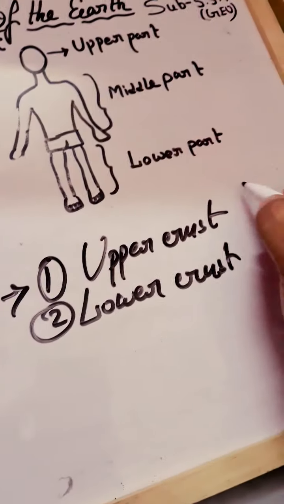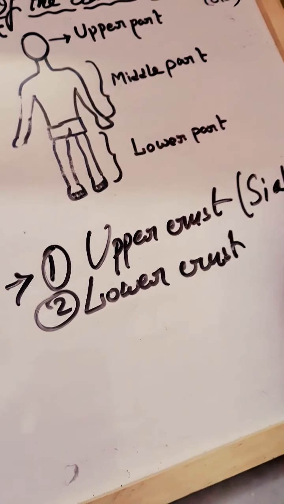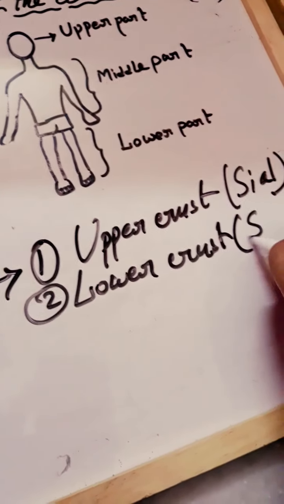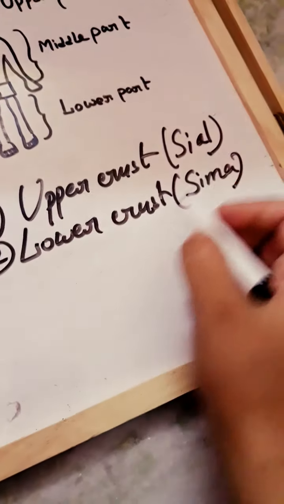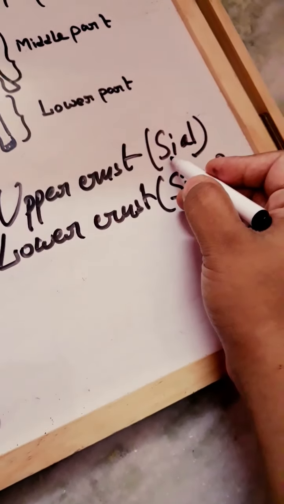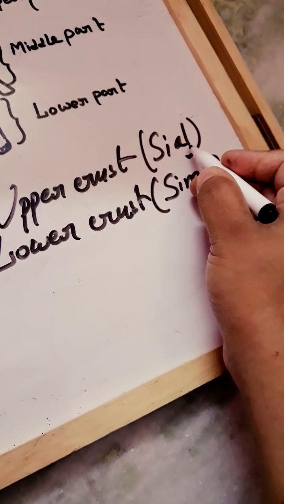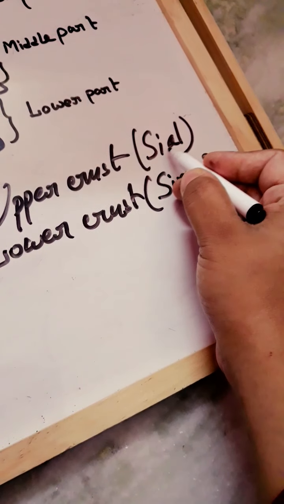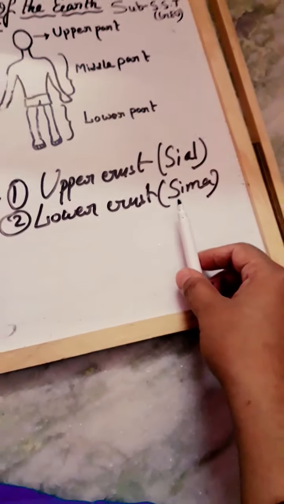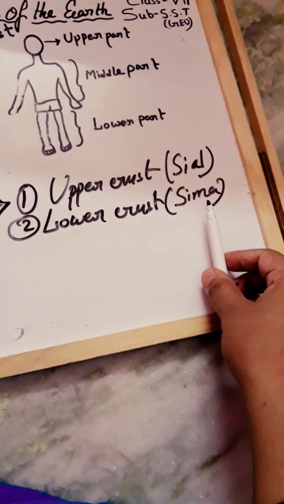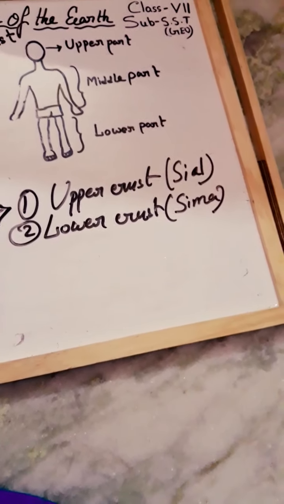The upper crust is known as Sial and the lower crust is known as Sima. Si for silica and Al for aluminium, so Si plus Al is known as Sial. Then Sima: Si for silica and Ma for magnesium. So it is known as Sima.